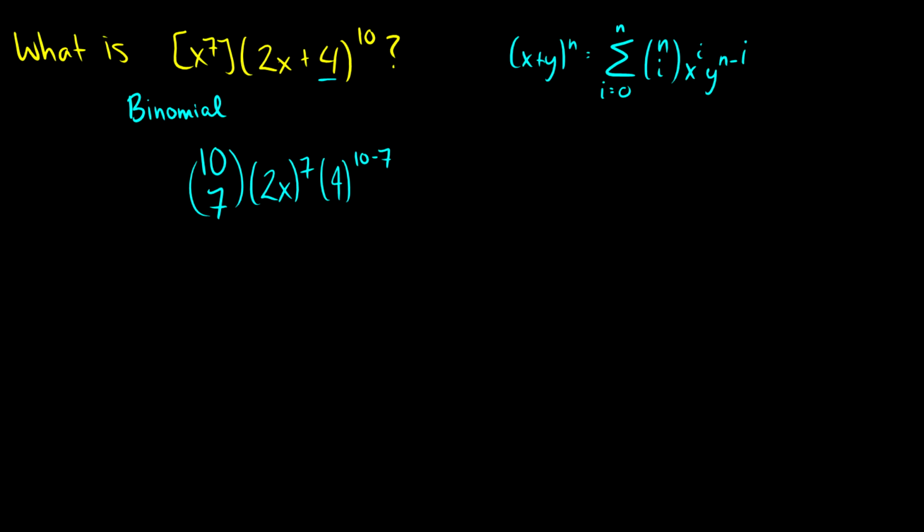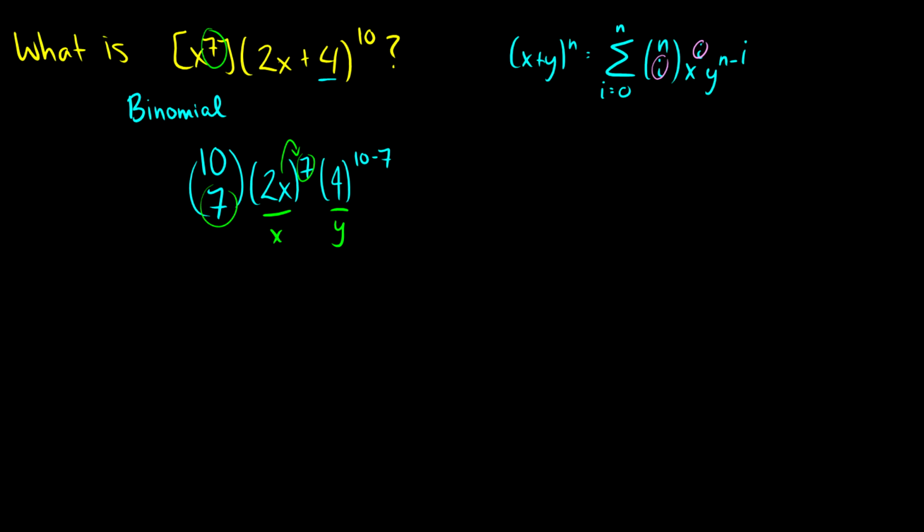So I'm not going to simplify it any more, but essentially what we've done here is we've taken our x, and this is our y, and because we're looking at the 7th power, of course we want our x to have the 7th power, and we should be choosing the 7th as well, which is denoted up here in this sum as n choose i, x to the i. So that is the coefficient of x to the 7.